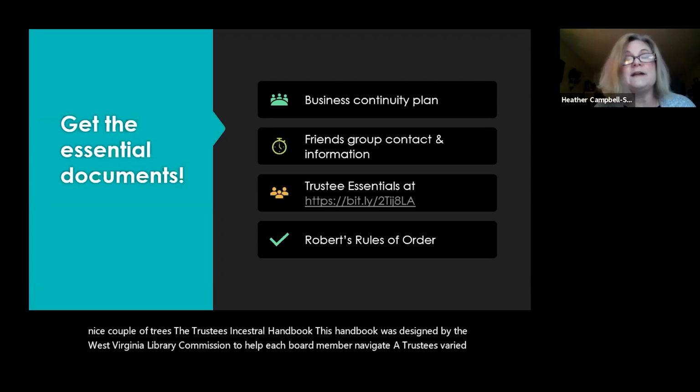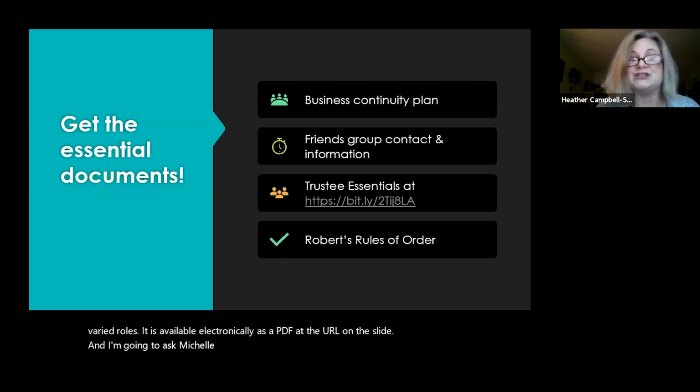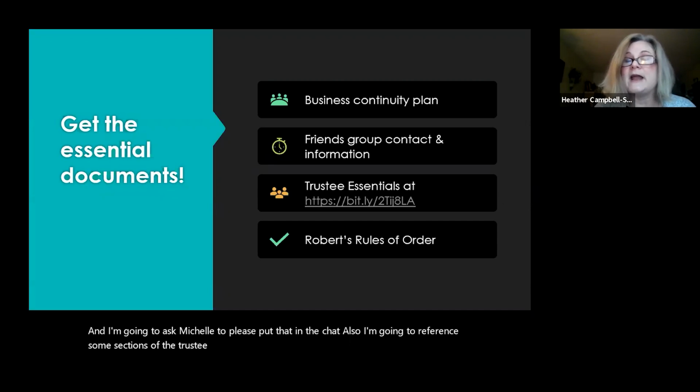It is available electronically as a PDF at the URL on the slide. And I'm going to ask Michelle to please put that in the chat also. I'm going to reference some sections of the Trustee Essential Handbook later on in the slides. So if you want to have it up and running as well, that would be fantastic.